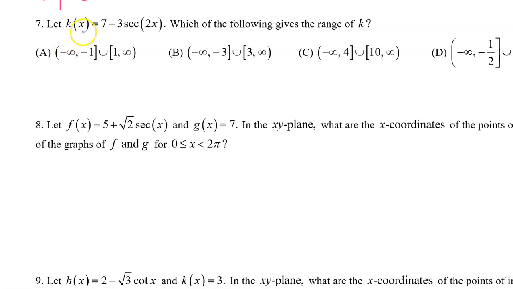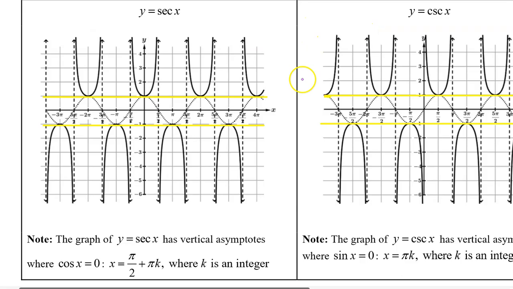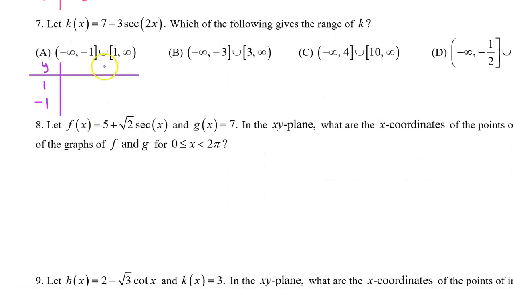Number 7, let k of x equal 7 minus 3 times the secant of 2x. Which of the following gives the range of k? We have memorized that the range of secant x goes from negative infinity to negative 1, union 1 to infinity. Pay attention to the key y values of negative 1 and positive 1. Let's see how the transformations that create k of x affect these key y values.